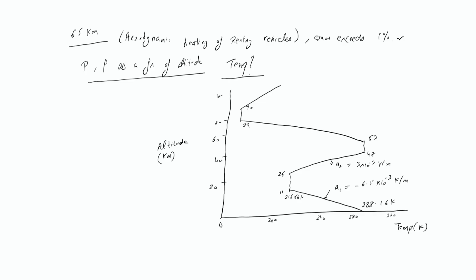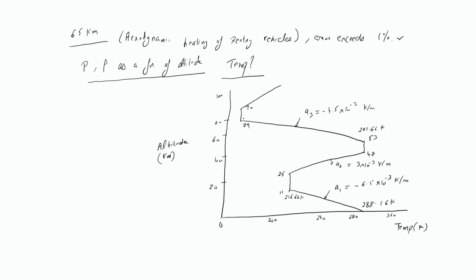Okay, and again the temperature is constant from 47 to 53 kilometers. So here temperature is approximately 282.66 Kelvin. Again temperature started reducing in this layer. So we have slope A3 equals minus 4.5 into 10 to the power minus 3 Kelvin per meter.